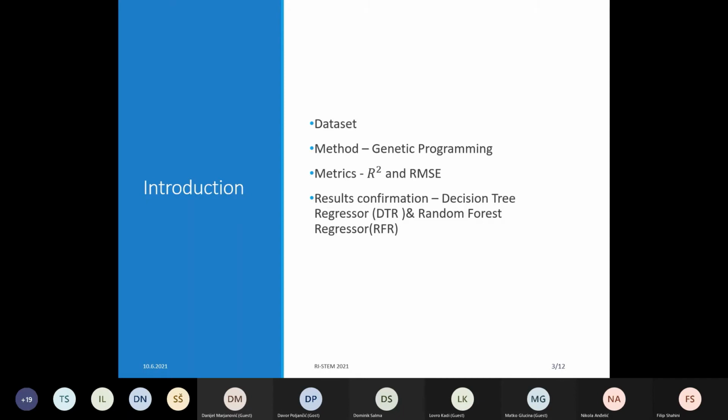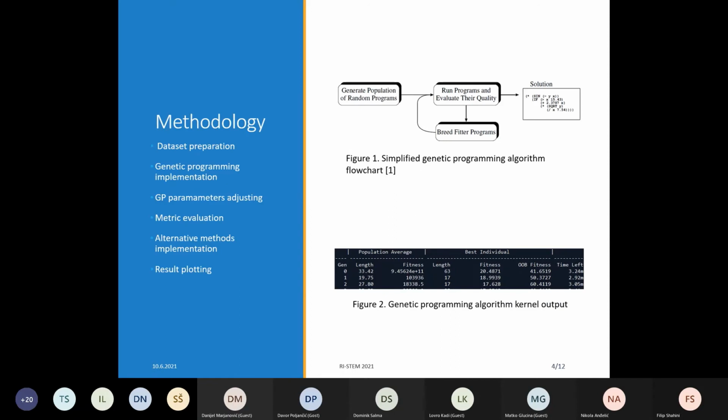We have used it in order to regress and predict values of tool wear. Also, to show the accuracy of regression, we have evaluated R squared and RMSE metrics. To add, we have used a decision tree regressor and a random forest regressor algorithm in order to confirm or refute the results of genetic programming.